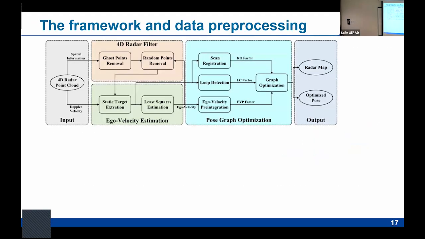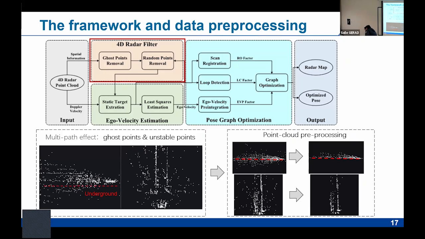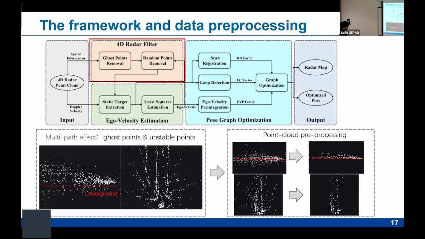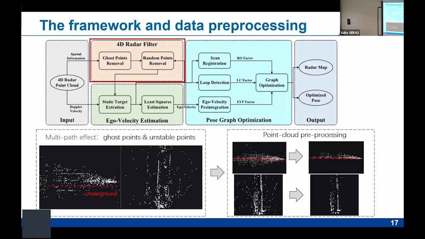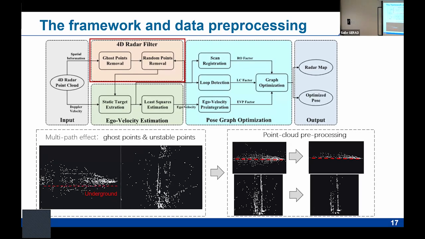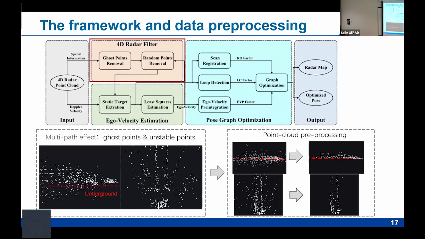So this is our entire framework. First of all, we have to do data pre-processing in this step here. There are a lot of ghost points, as you can see here. Due to the multipath effect, because the radio magnetic wave bounces multiple times on the ground, it creates a lot of ghost points under the ground.